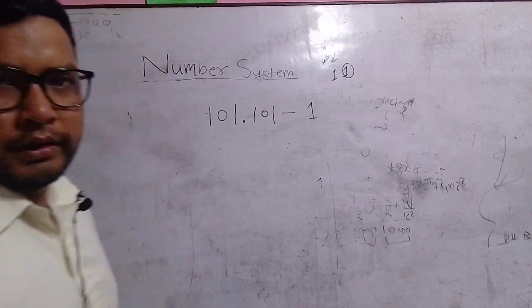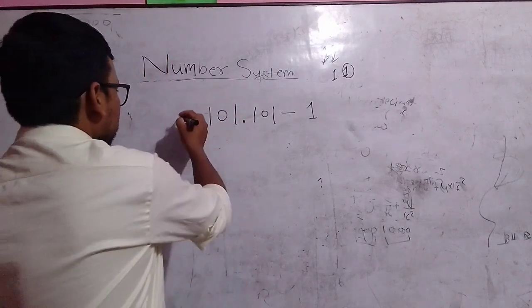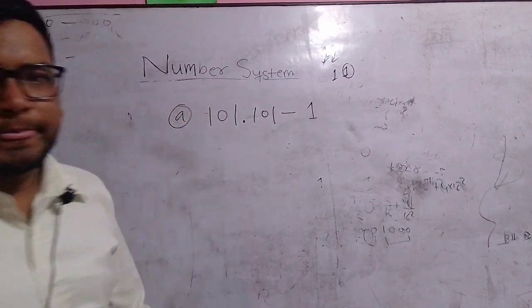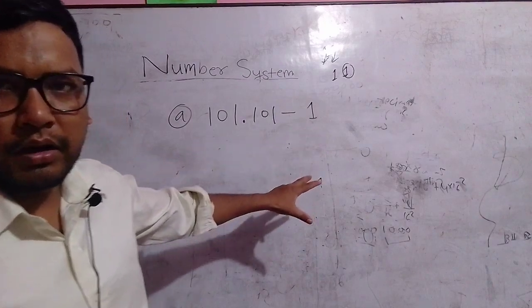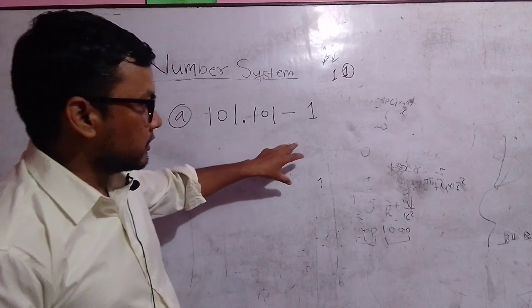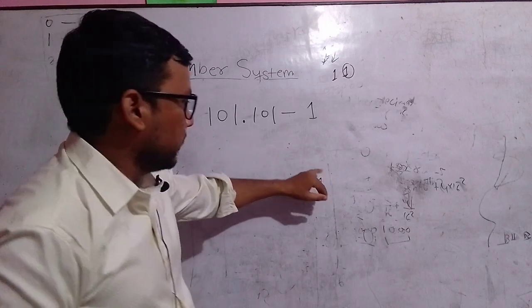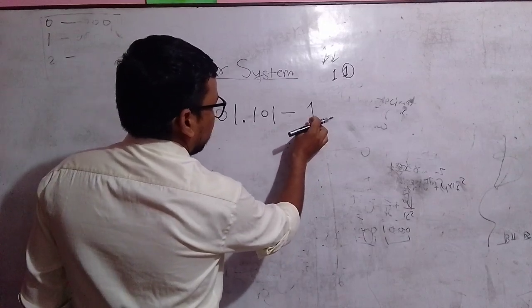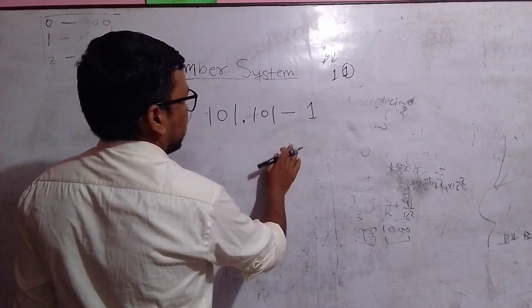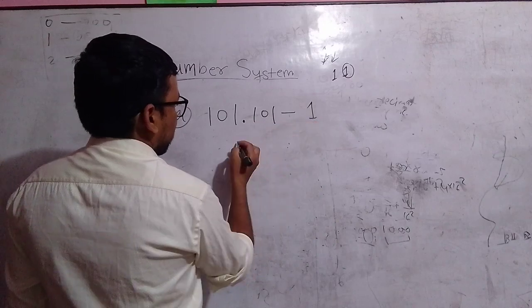Only 1. Now, to perform this subtraction, we need to make the same format for both numbers. Now we need to make 1 equivalent to this format. How to do this?